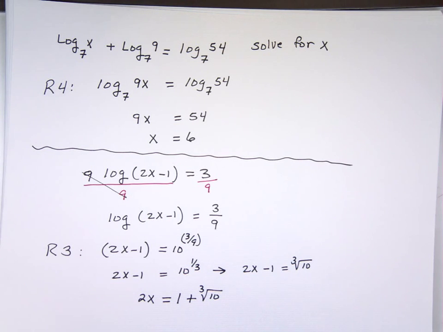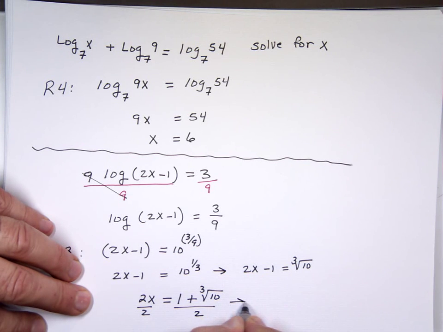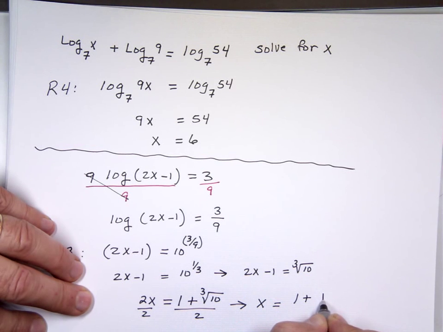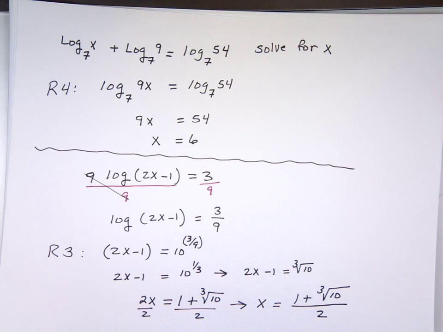And to solve for x, what do we do? Divide by 2. I'm giving you the exact answer because I know 9 out of 10 times the software wants the exact answer. They don't want an approximation. So that's why I'm leaving the cube root of 10, the 1, the 2.